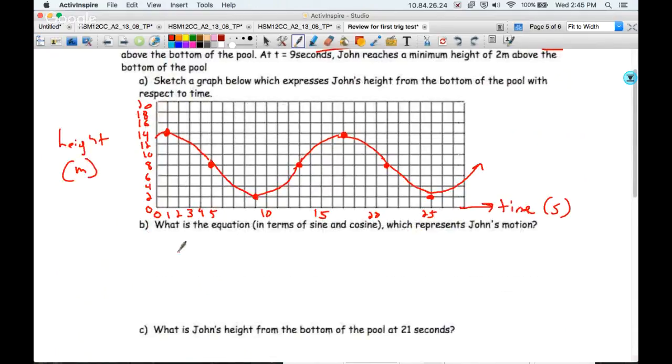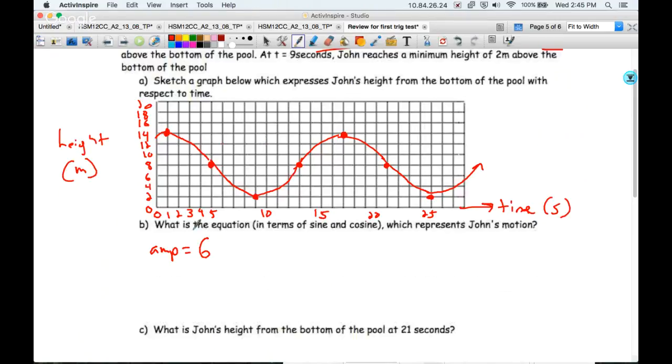So we have to find out a lot of stuff. First, we have to find the amplitude. We figured that out, though. The maximum is 14, the minimum is 2. The distance between them is 12, but we divide that in half because amplitude is only half of the distance from maximum to minimum. So our amplitude is 6. Or we could just count the boxes. 1, 2, 3.